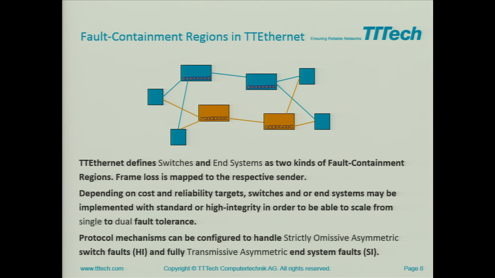Question: What sort of tooling is available to generate the scheduling topography across a large network? Answer: We have a full tool set where you define the high-level requirements of the whole network, and then it creates the tables for the different components.